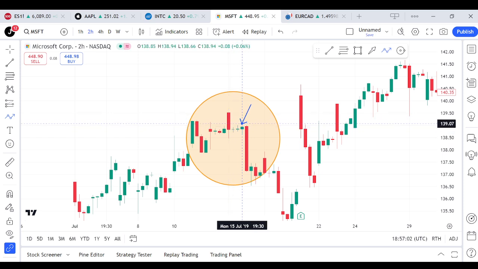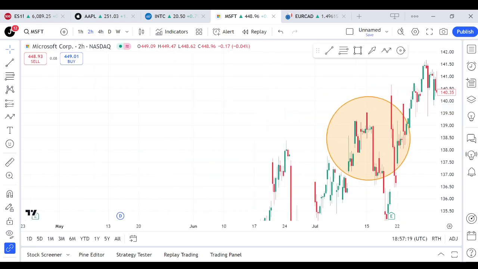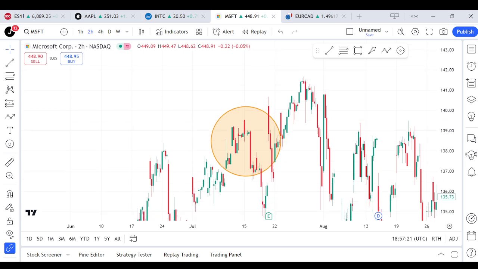Then we have the 3 candles in the middle within the range of this first candle, and then the final candle, which is this, is a very long bearish candle showing enough selling volume and selling pressure, confirming the sell signal of the bearish falling three candlestick pattern.